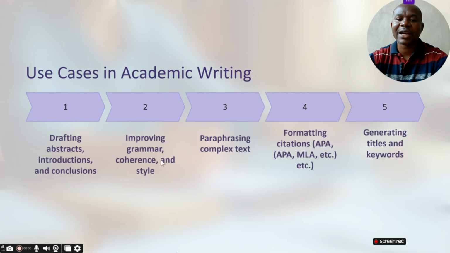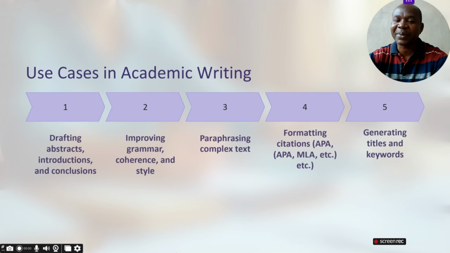How about improving grammar? Most grammar editors today, like Grammarly, are all artificial intelligence powered. So artificial intelligence can help you to improve your grammar, coherence, and the style of your writing. It can streamline your writing, and it can even personalize your writing. That is the beauty of artificial intelligence.